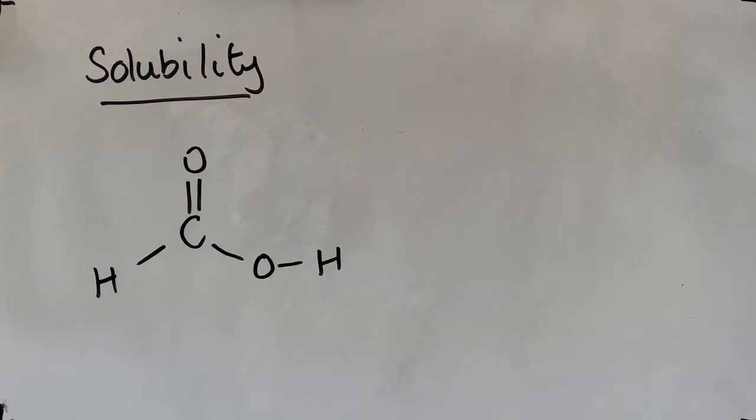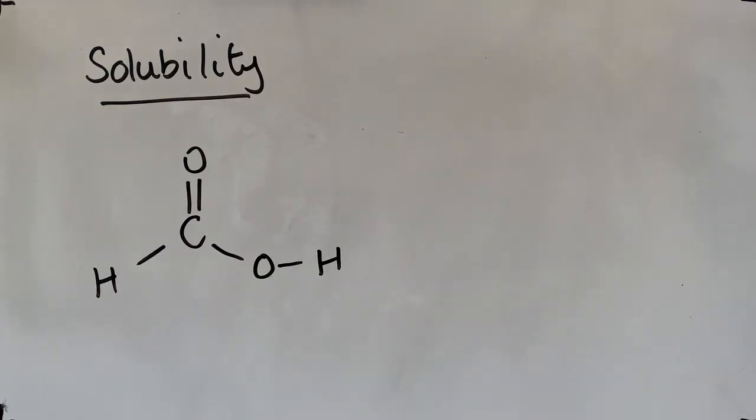Whether they can form hydrogen bonds or not has to do with whether they have polar bonds or not, and whether they have hydrogen and oxygen. Okay, as you can see, this is going to have polar bonds, like our alcohols do, and our carbonyls do, and also it does have oxygen and hydrogen, so it can form hydrogen bonds with water.